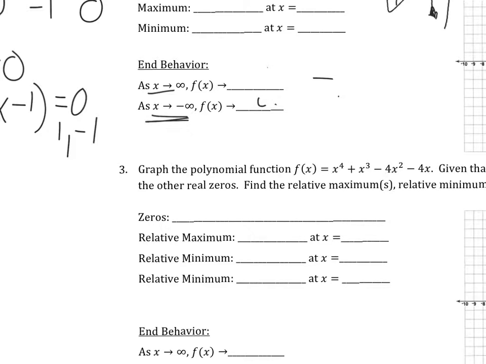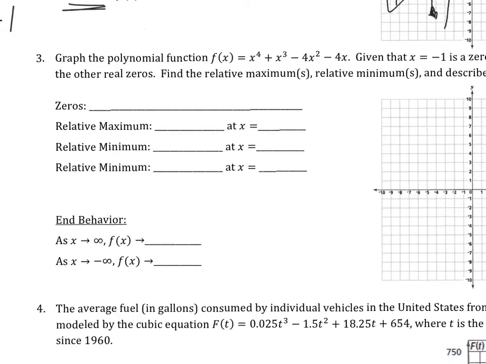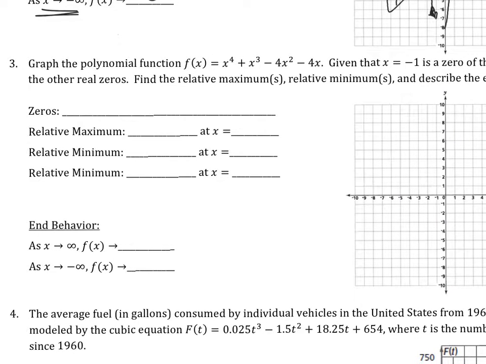So now, down here, same kind of idea. Negative 1 is a 0. So what I will do is I will go 1, 1, negative 4, negative 4. But the very first thing I'm going to recognize is, look, there's an x in every single one.